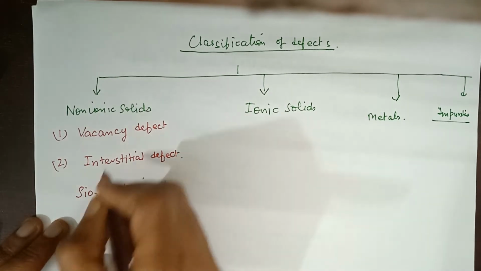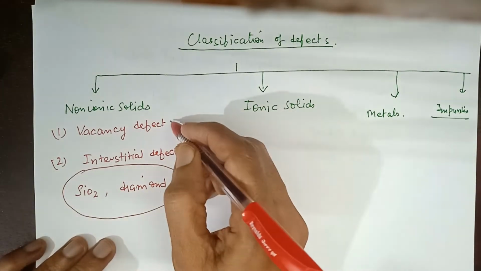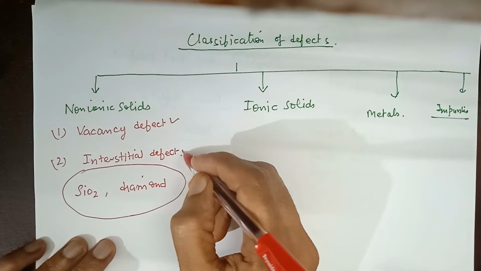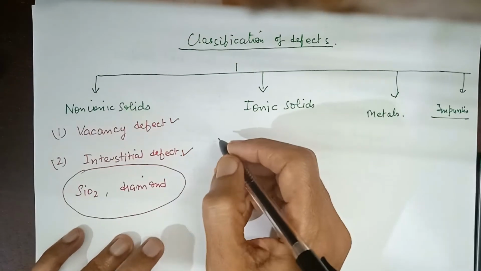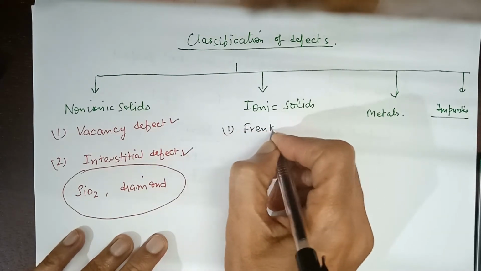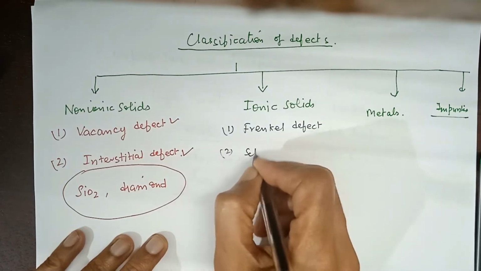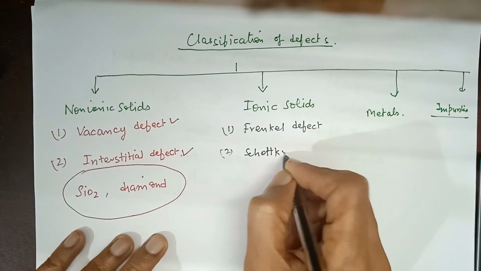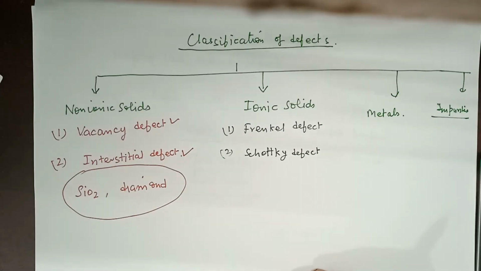So in these non-ionic solids we find vacancy defect and interstitial defects. And in ionic solids there is one defect, Frenkel defect. The other is Schottky defect. These are in ionic solids.